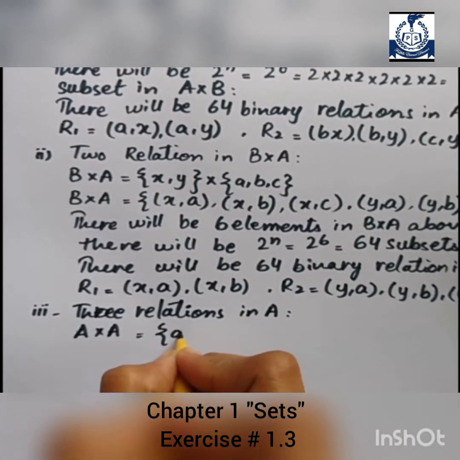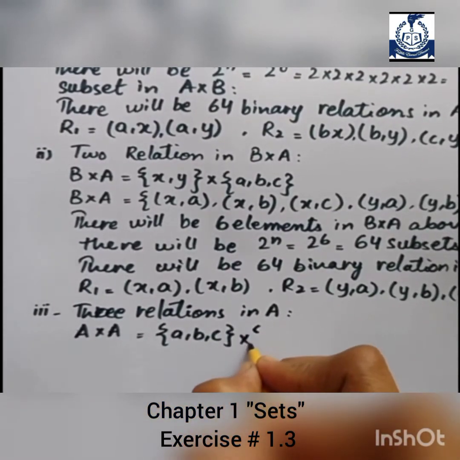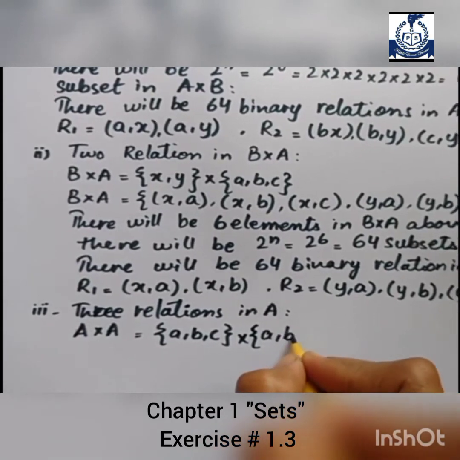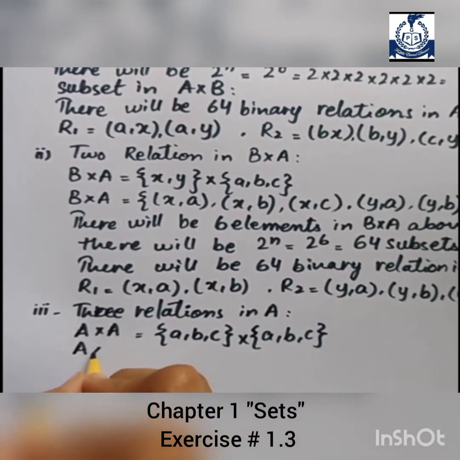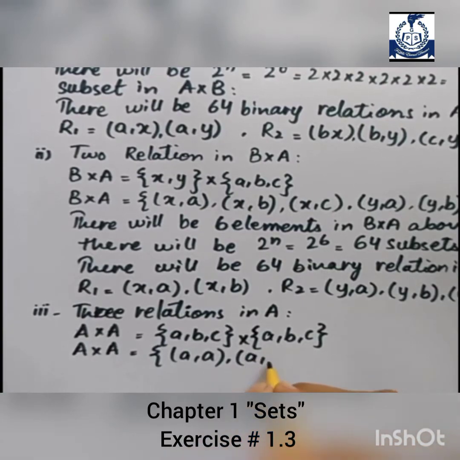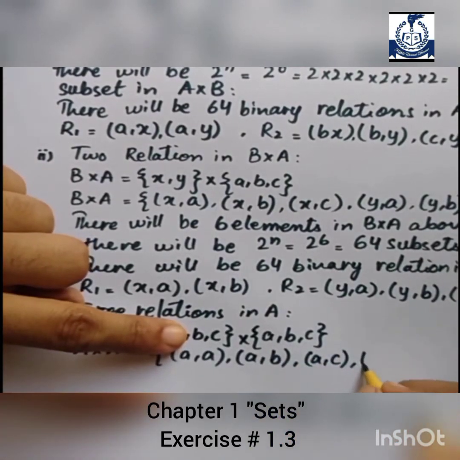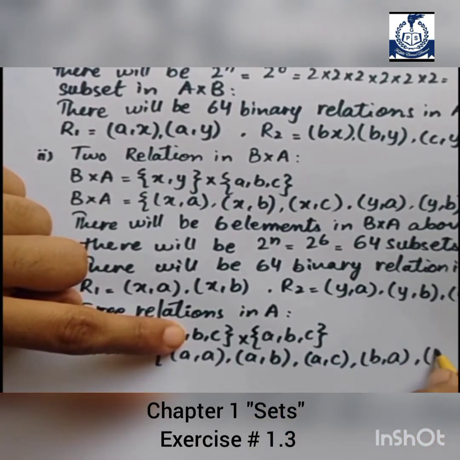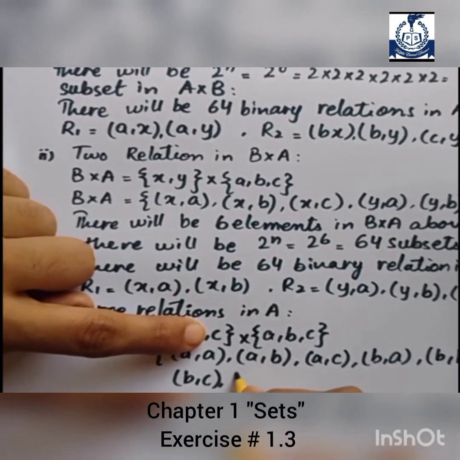A Cartesian product A. So here we write the elements of set A: a, b, c. A Cartesian product A, 3 threes are 9. So first we take (a, a), (a, b), (a, c). Then we take (b, a), (b, b), (b, c).